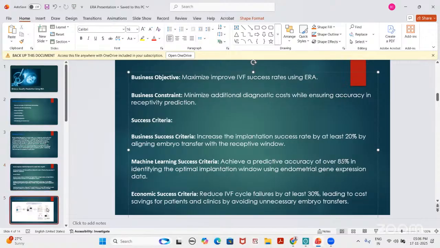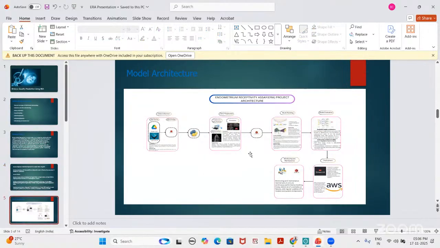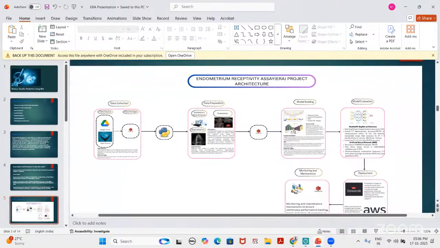Along with that, as you can see here, we have the architecture diagram. Basically, you can see that we are taking data from multiple sources. Then we load it into Python. Then we perform data preparation, and then we load the data into S3. Then we perform model building.